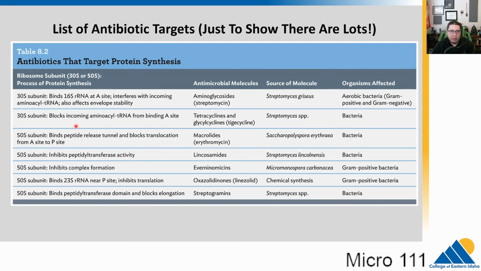So like I mentioned, obviously, this is a whole ripe target for antibiotics. The 30S and the 50S parts of the ribosome, those are huge targets for antibiotics. So you've probably heard of these: tetracyclines are a big one, streptogramins are another one, aminoglycosides.